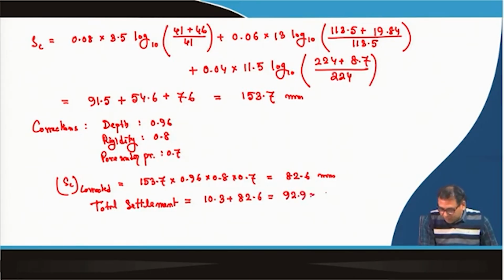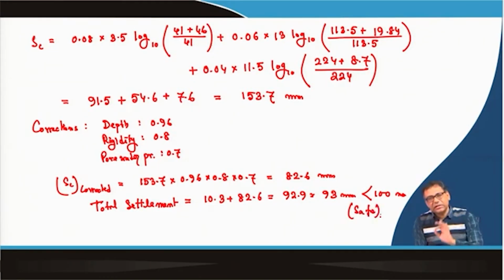92.9 or close to 93 millimeter, which is less than 100 millimeter, which is the permissible settlement as per IS code for wrap foundation resting on the plastic clay. Okay. So, that means it is safe.